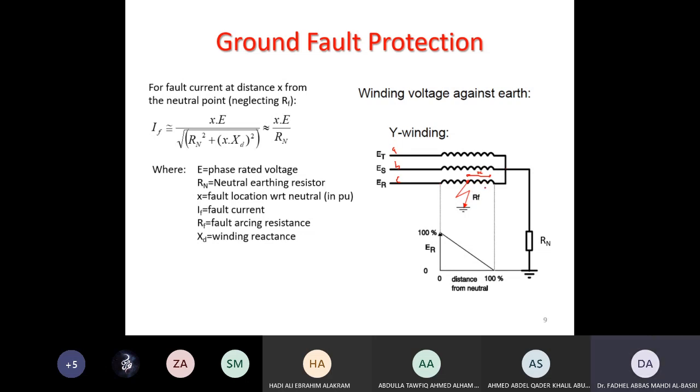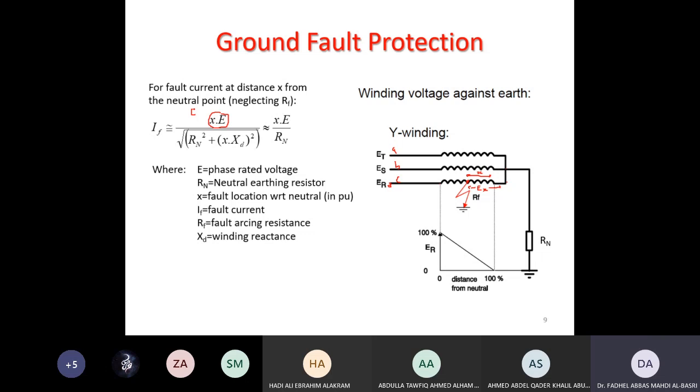The voltage here will be EX, which is X times the rated voltage of one phase, E. E represents the phase voltage, the voltage from line to neutral. The rated voltage of the machine is normally 11 kV line to line, so phase voltage is 11 kV over root 3. So that represents EX, the voltage from here to the star point.